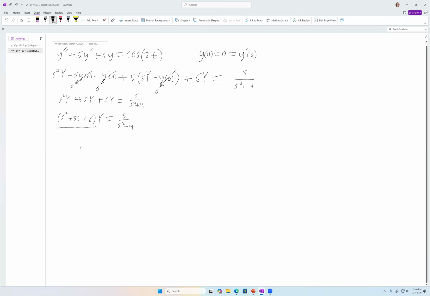And just like you mentioned earlier, notice how this looks just like our original ODE's characteristic equation. So at this point, we know we did the right algebra. Things are algebraing, if that's a word. So we're going to have Y is equal to s over s squared plus 4 times this horrible polynomial.